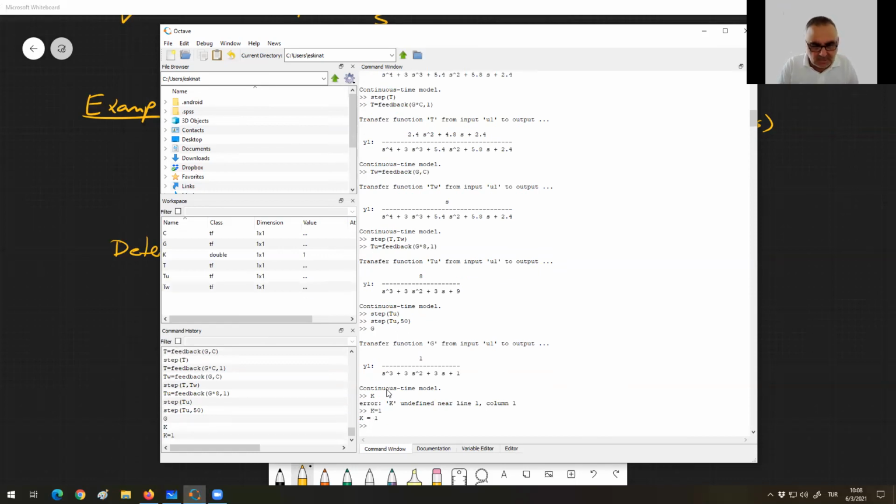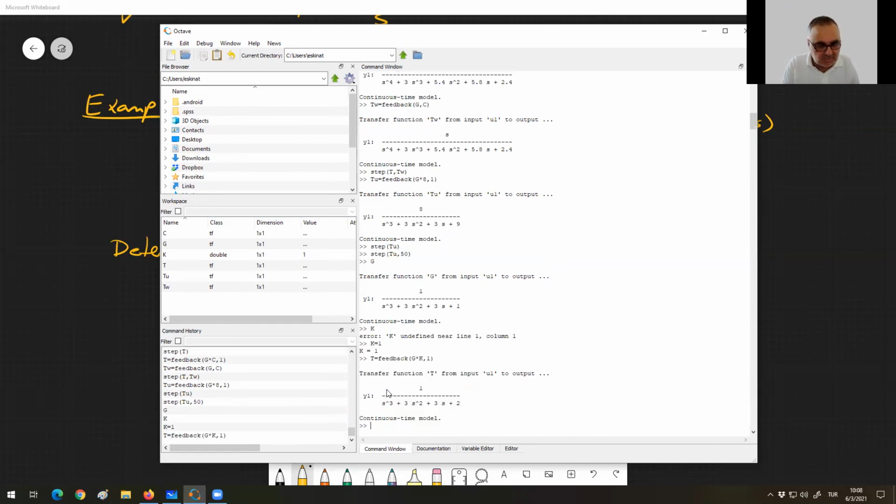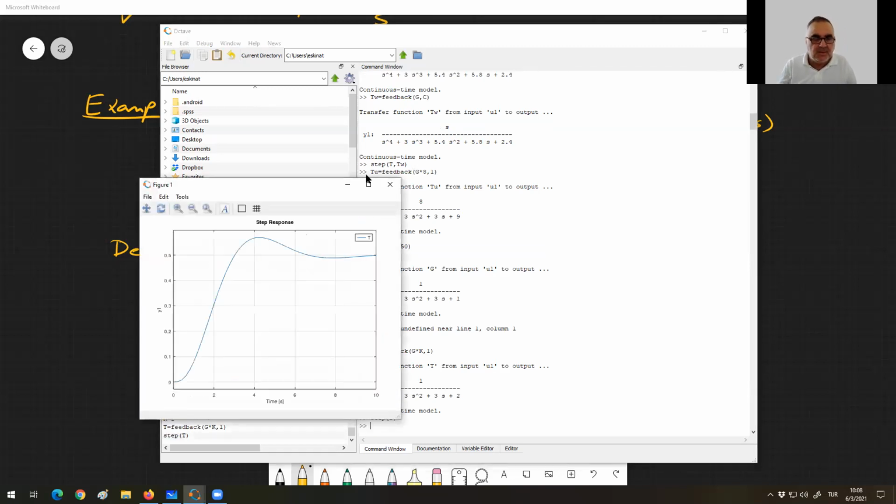And then we say that T equals feedback of G times K, and 1. Then we look at the step response of this thing. First of all, there will be a steady state error, but it doesn't matter.